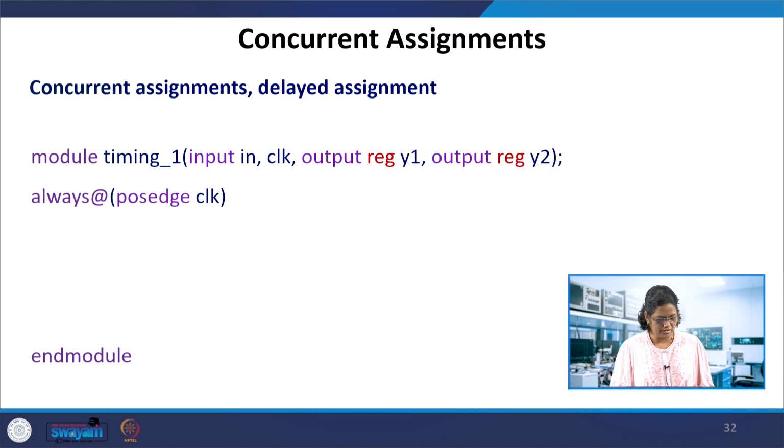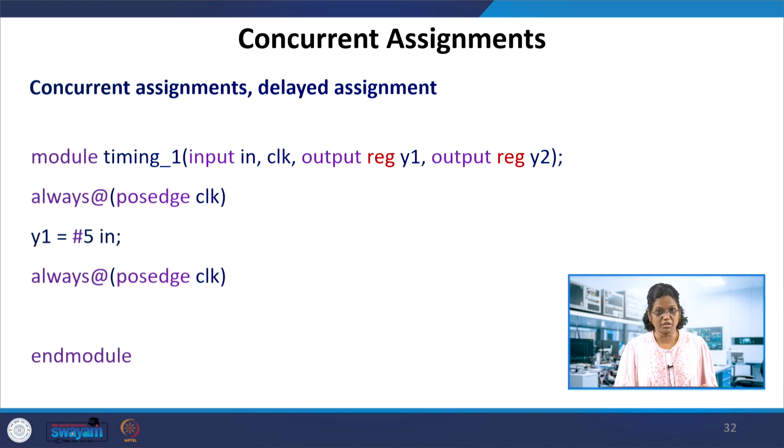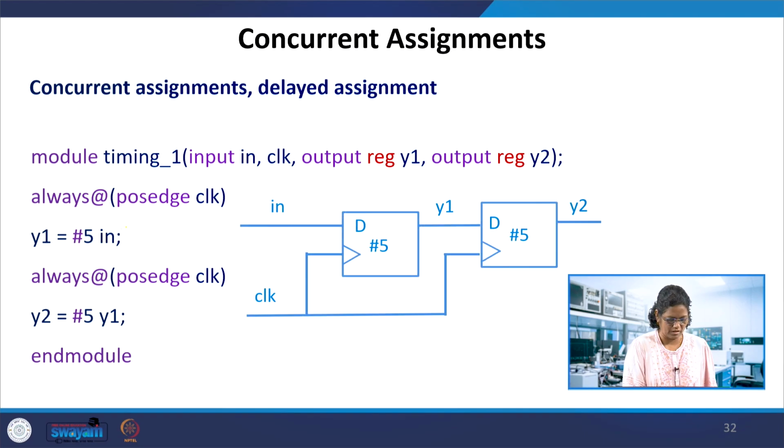So, the concurrent assignments with the intra-assignment delays. Intra-assignment delay with blocking and non-blocking. In this case, at the passage of the clock, the input is checked, evaluated and assigned later after 5 time units. So it is not a delay of the clock, it is the delay of the data. Okay, so the input is assigned after 5 time units to y1, and then y1 is assigned to y2.